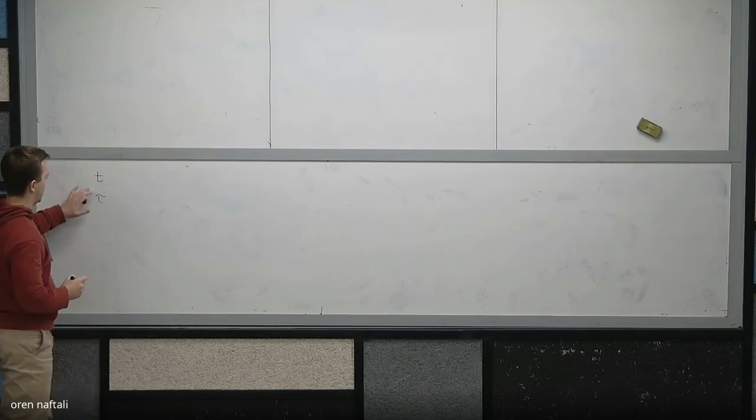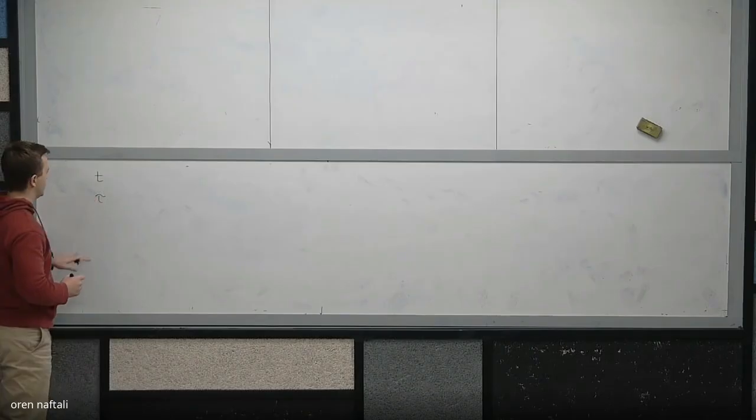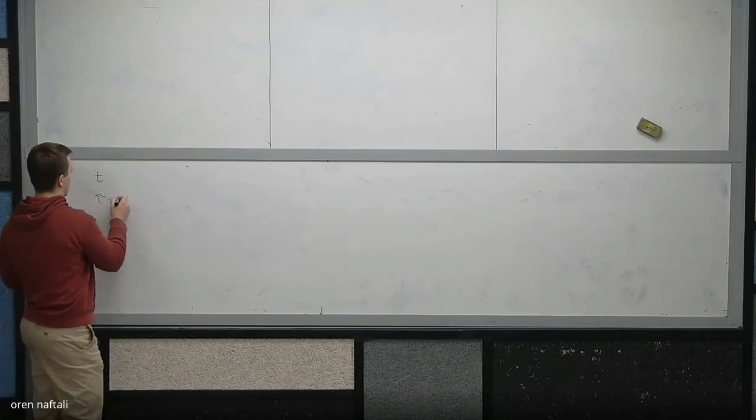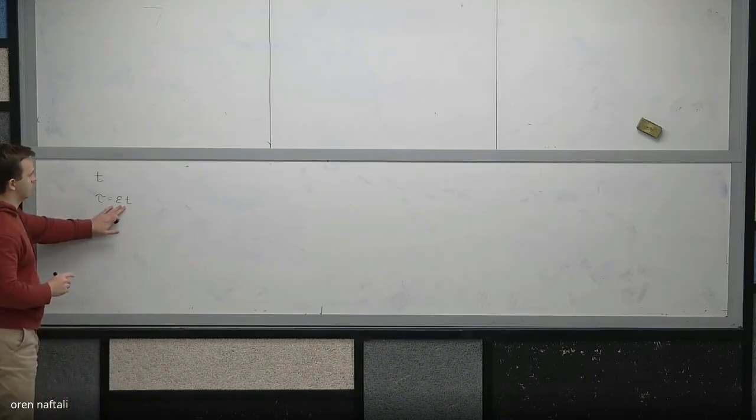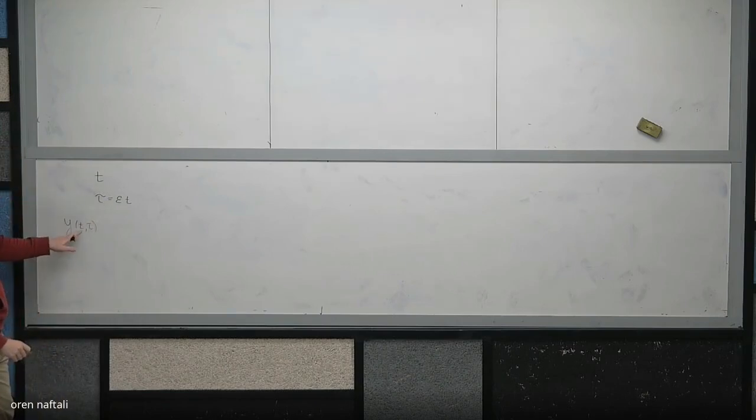These are two time scales. We call t the fast time scale, and tau is usually epsilon times t, so this is the slow time scale, and we find our solution as a function of two variables, t and tau.